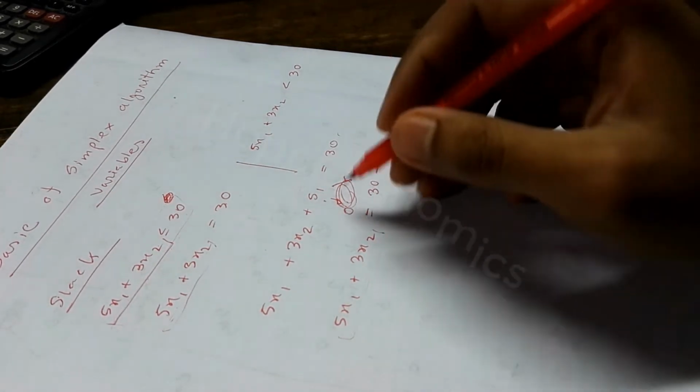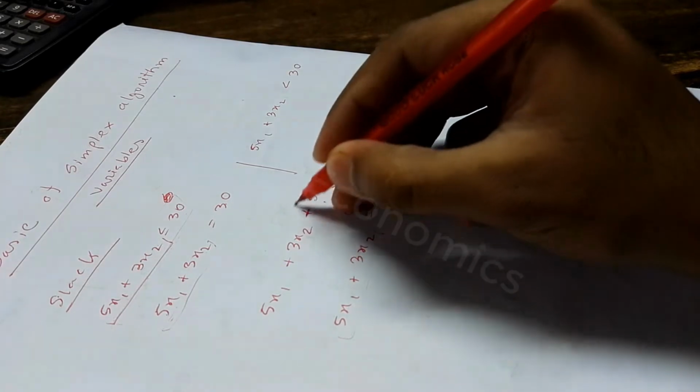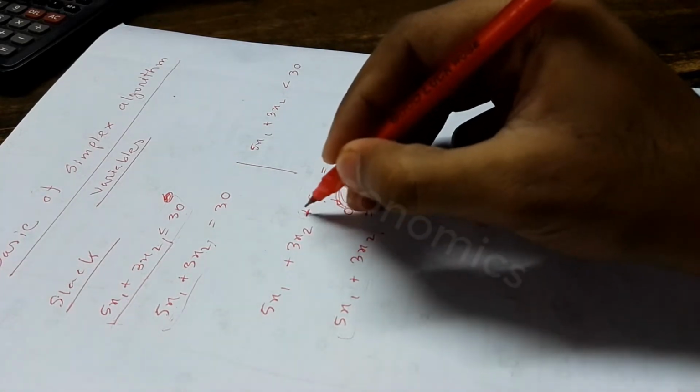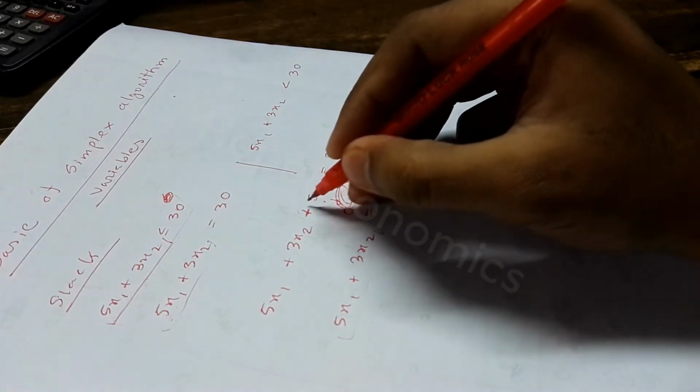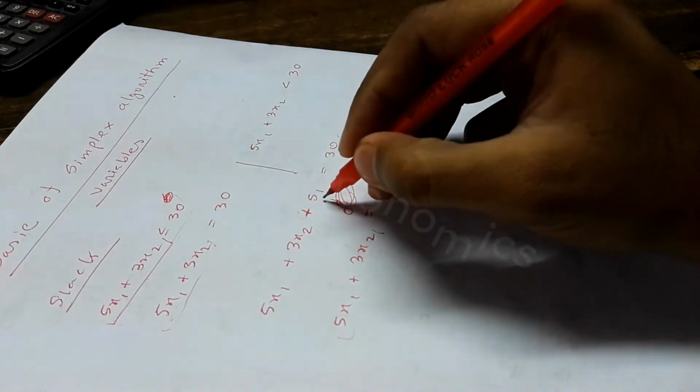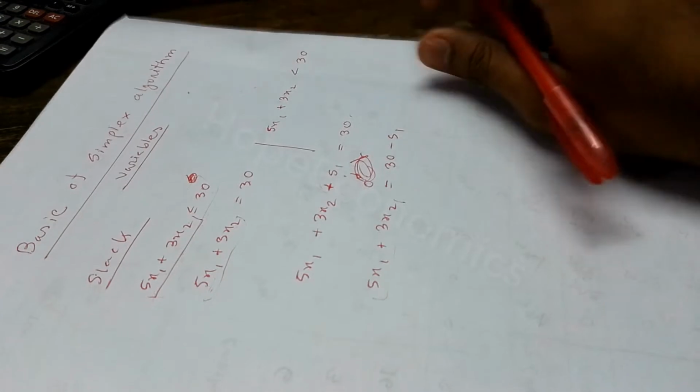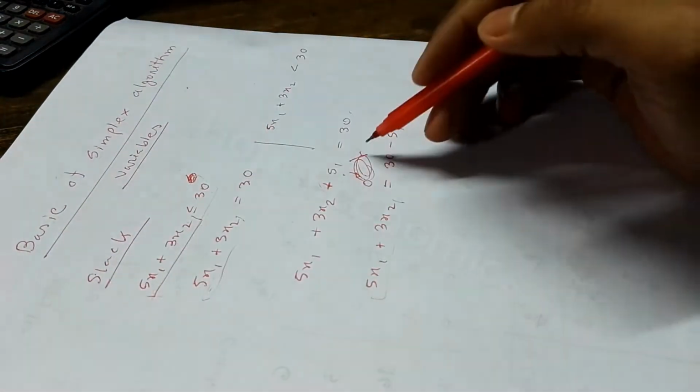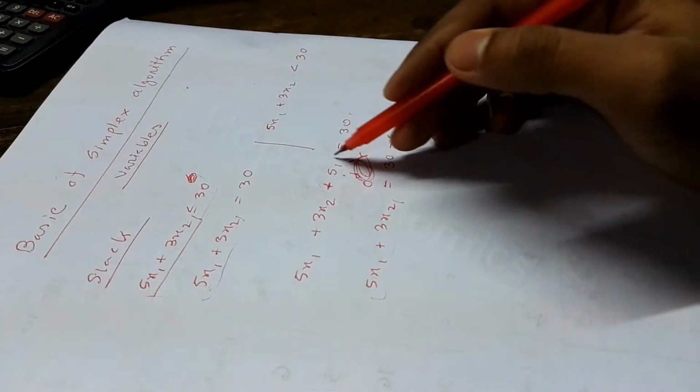So in this case we added a plus sign here. We added s1, which is considered an extra variable and is named a slack variable.